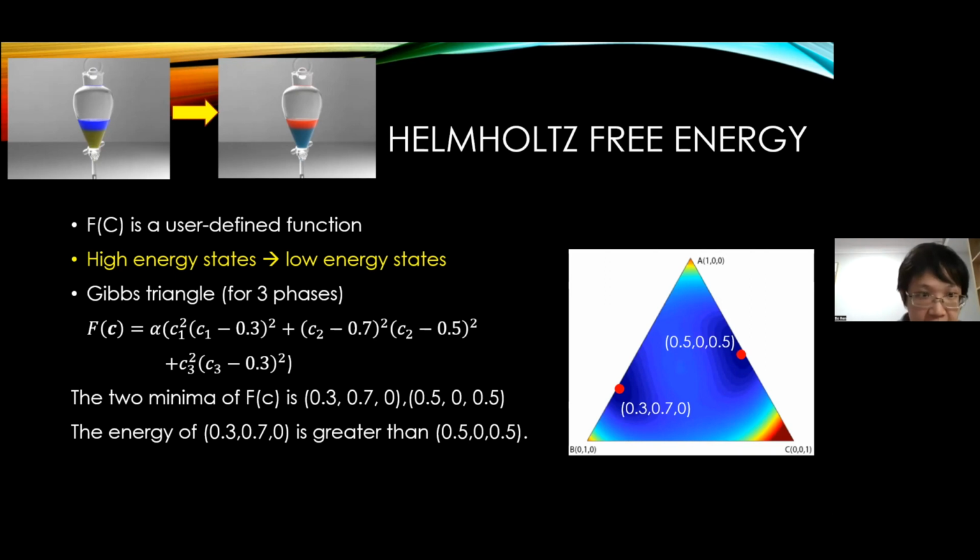For example, if a three-phase mixture exists, we can define one state to be 0.3, 0.3, 0.4, and another state to be 0.2, 0.5, 0.3, which are the volume fractions of these three phases.